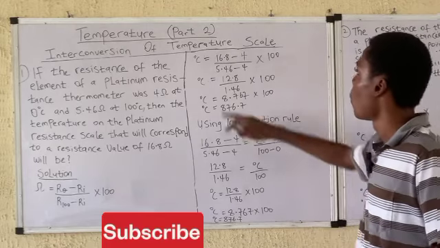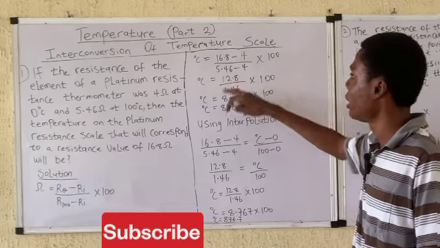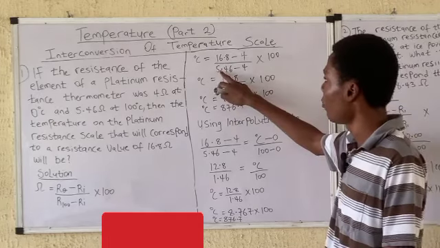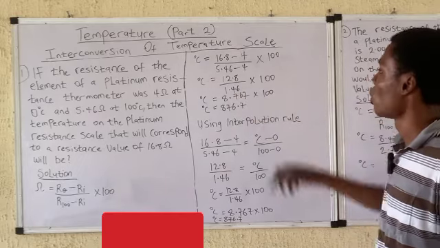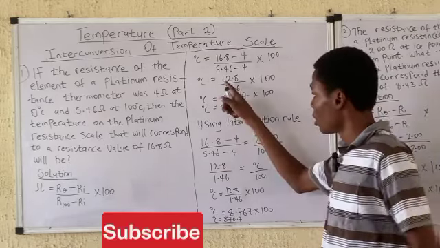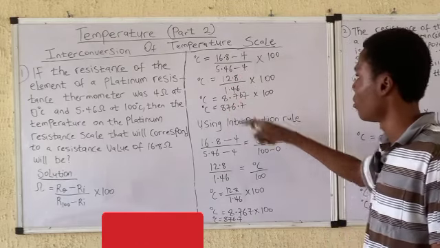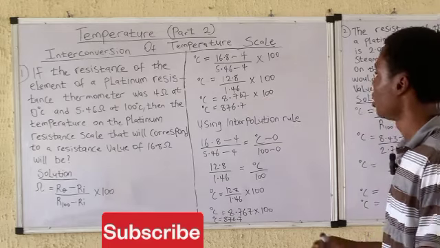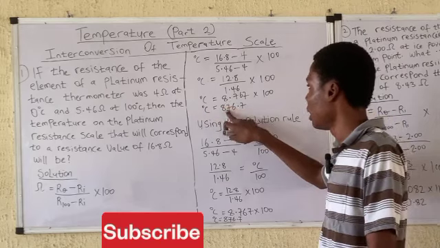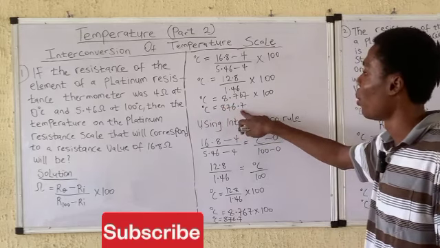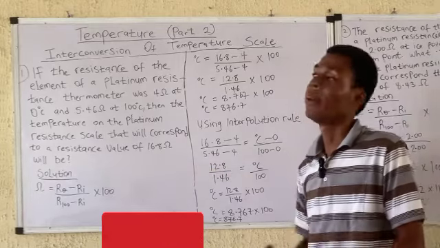Then we solve: 16.8 minus 4, we have 12.8. Then 5.46 minus 4, we have 1.46. Then times 100. Now we divide 12.8 divided by 1.46. We have 8.767. Then multiply by 100. So our 8.767 times 100 will give us 876.7. So that is our final answer for solving this particular question.